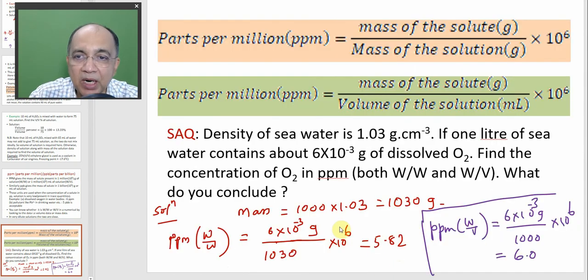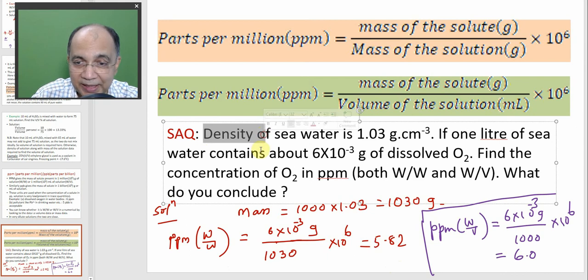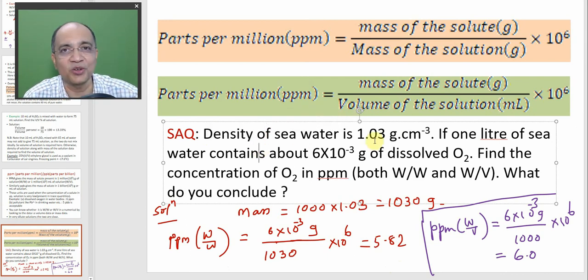Now see, parts per million, ppm, is equal to mass of the solute in gram over mass of the solution in gram into 10 to the power 6, or mass of the solute in gram over volume of the solution in milliliters into 10 to the power 6. Let's take this example. Density of seawater is 1.03, not 0.9.